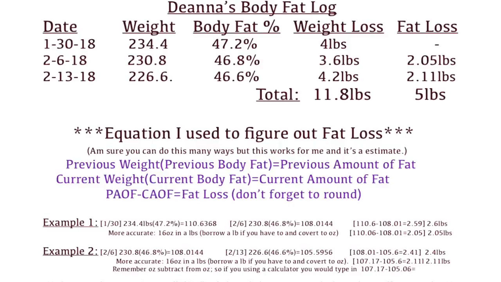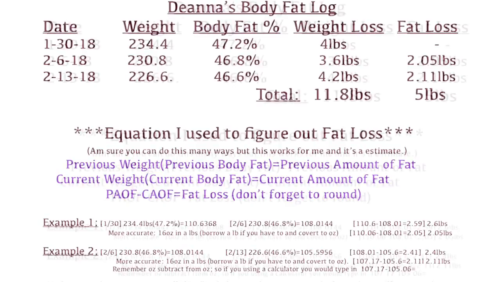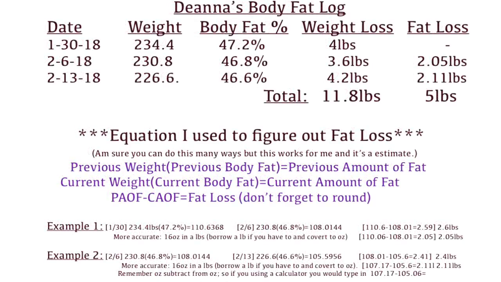Since when you do the 16 ounces, you're going to be subtracting ounces from ounces. So that 110.6 is going to be converted into 110.06 if you're doing it on the calculator.